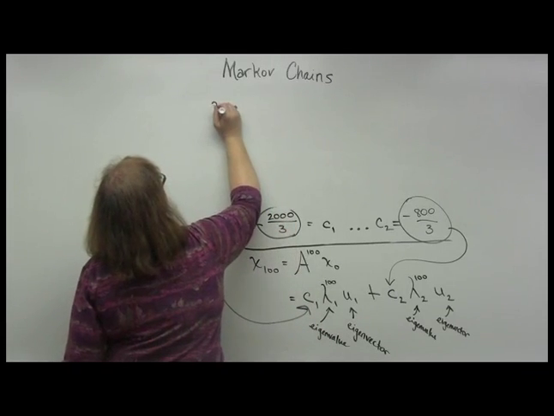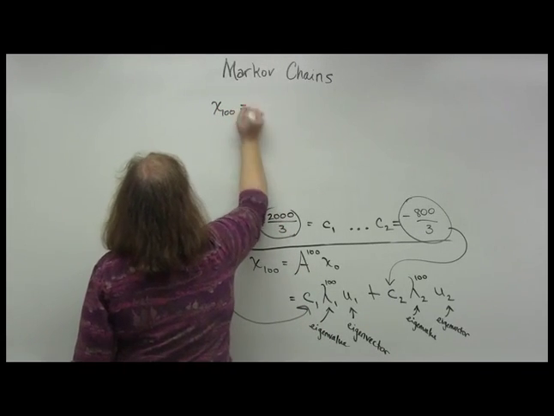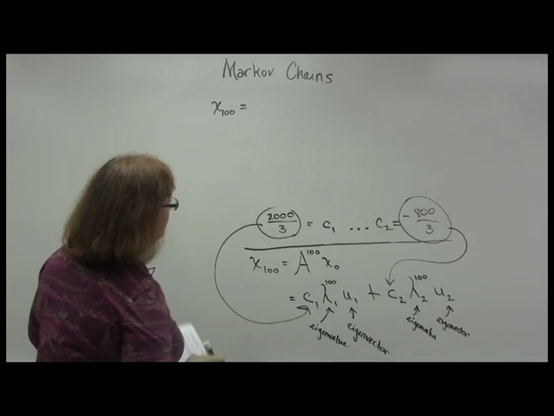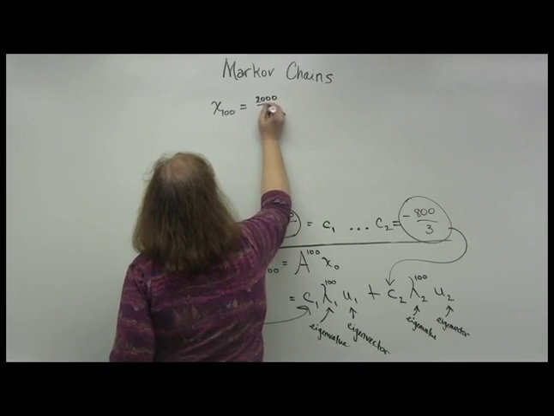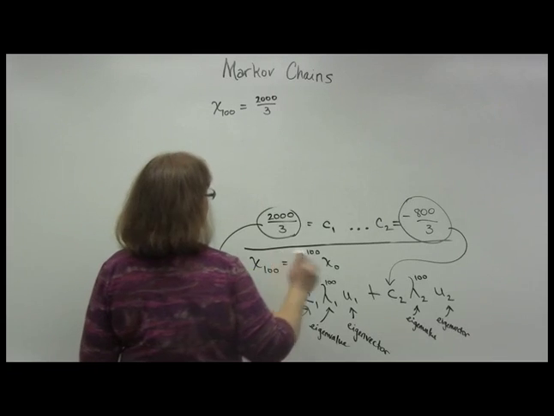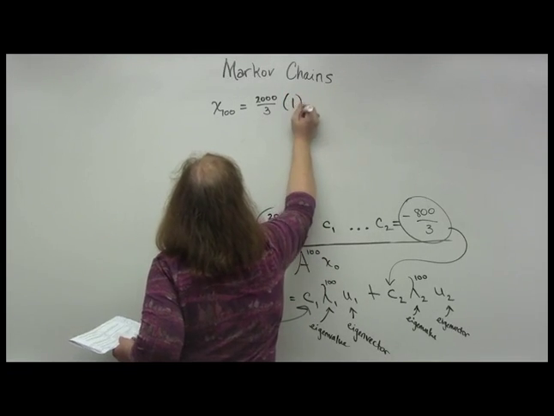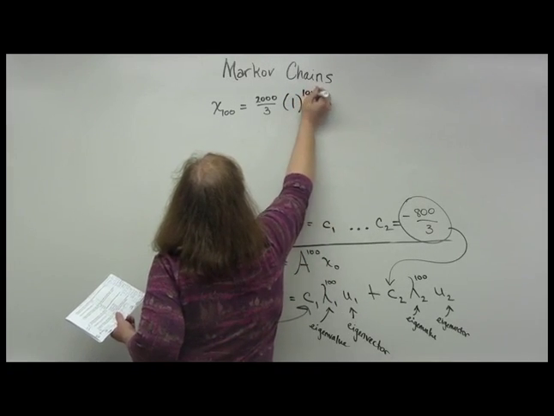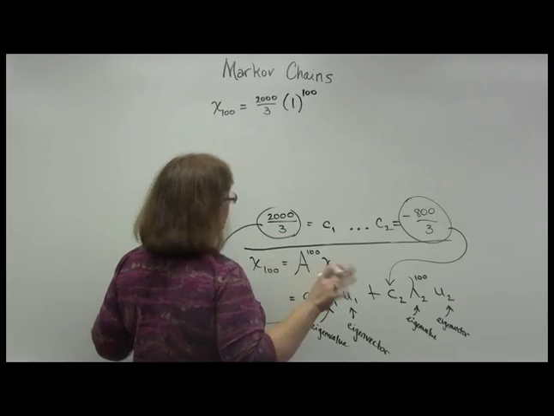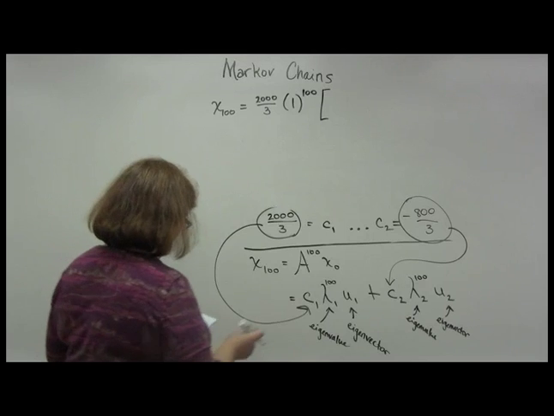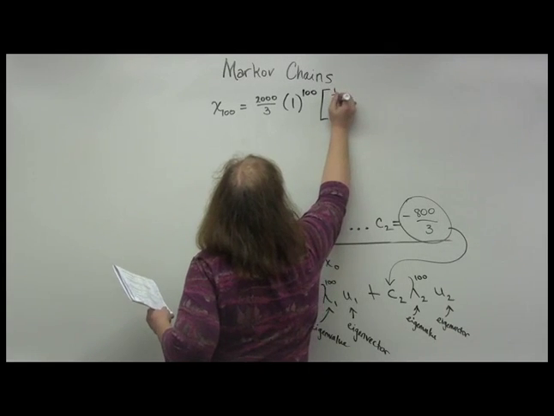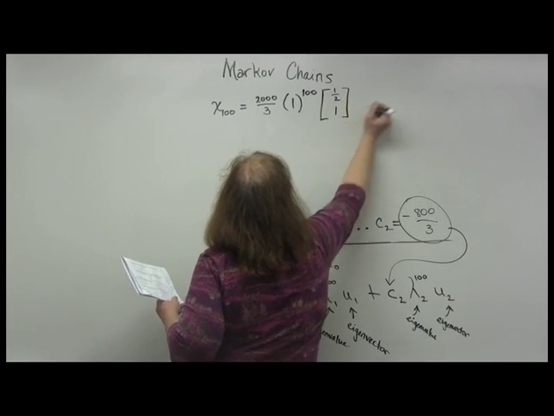So x sub 100 is our C1, which was 2000 over 3, times my lambda sub 1, which was 1. 1 to the 100th is not that hard to calculate. You do not need a calculator. The eigenvector that corresponded to 1 was 1, 1/2.